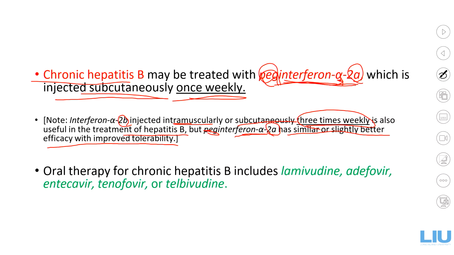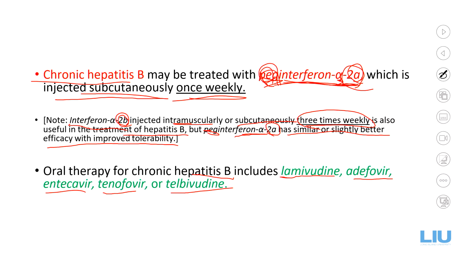So it's just a comparison between the ones that are pegylated and the ones that are not, and the one that is 2A and the one that's 2B. Other drugs for hepatitis B are lamivudine, adefovir, entecavir, tenofovir, and telbivudine. We will cover some of them throughout today's lecture.